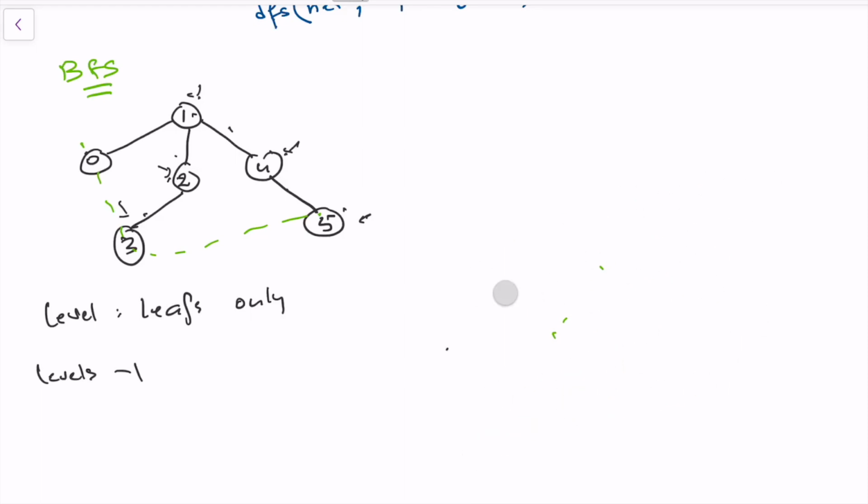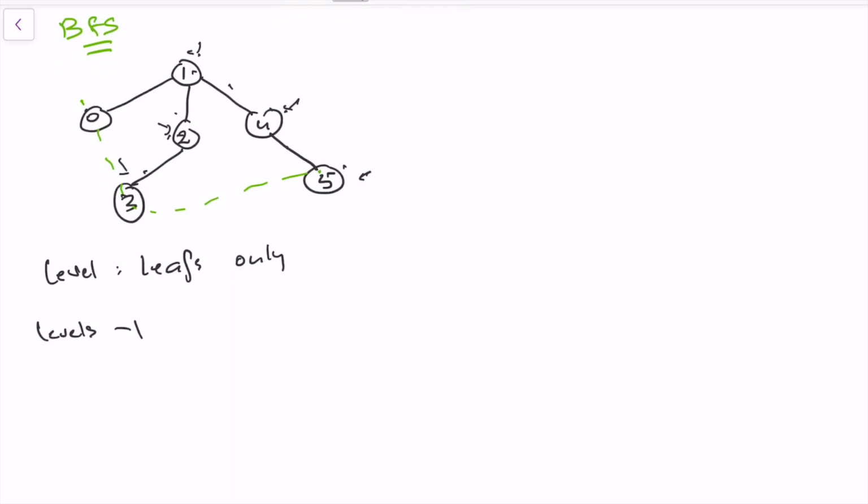So that's the idea. Now, how would we code that, right? So we would first construct the graph, in the same way that we did with DFS. And then after that, level starts out as 0, right?